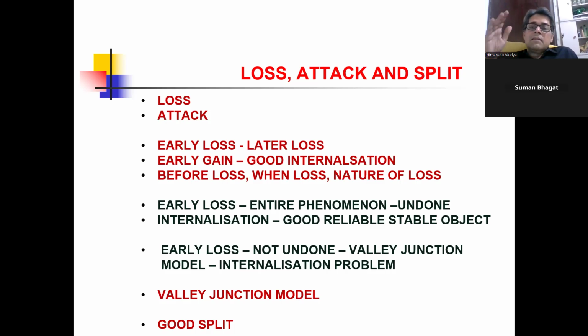That is what happens when the loss is considerable and the consequences of the loss cannot be undone. The loss has been so severely felt, even when the good object arrives, makes a comeback. So the valley junction model, those who are interested can go into the lecture on the valley junction model.